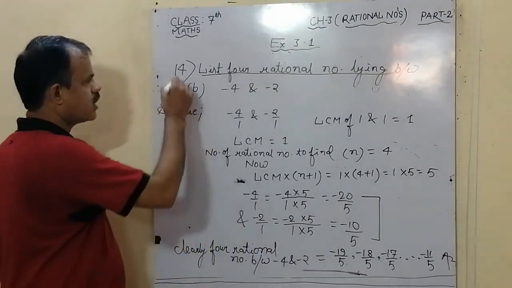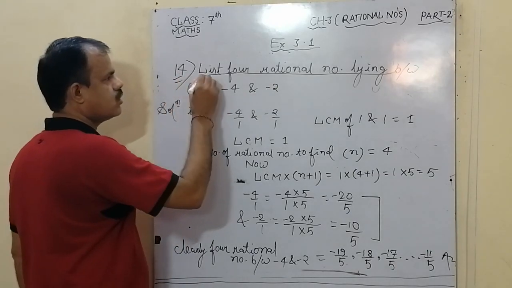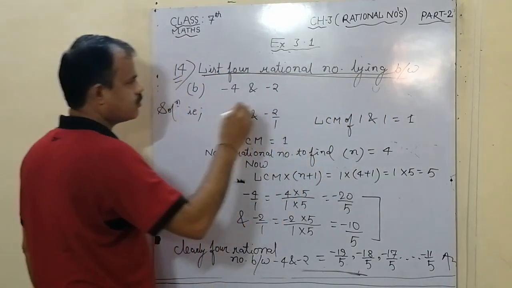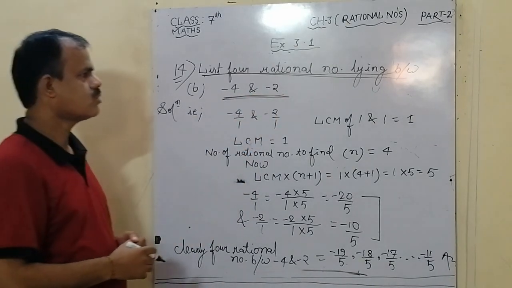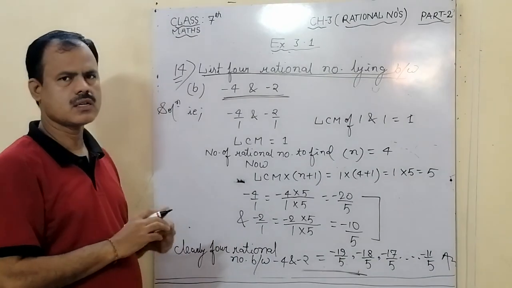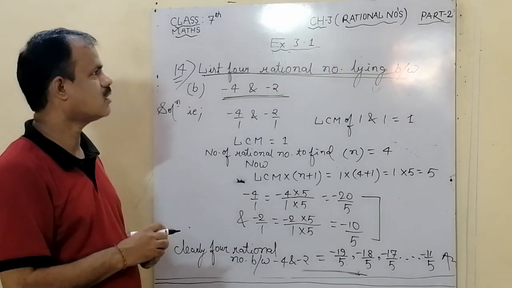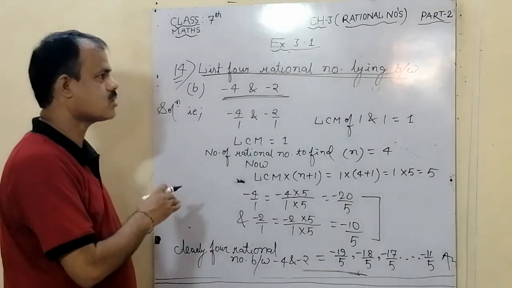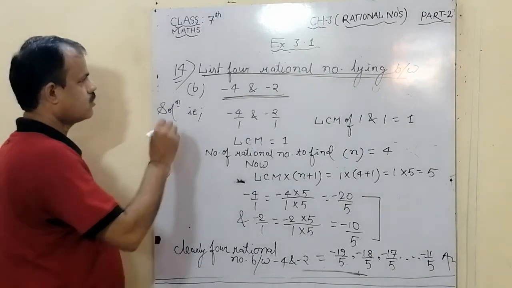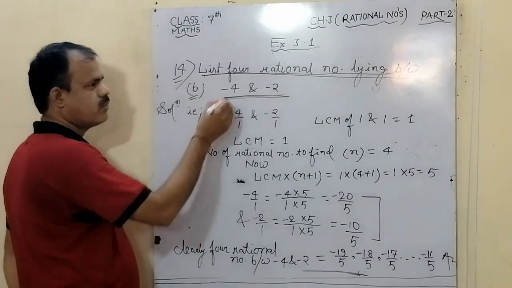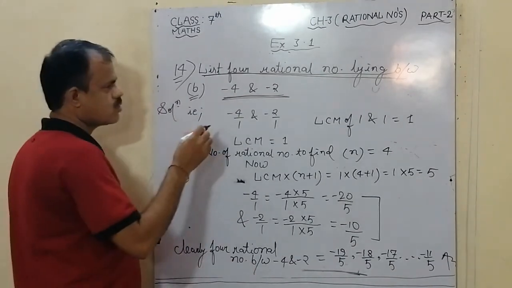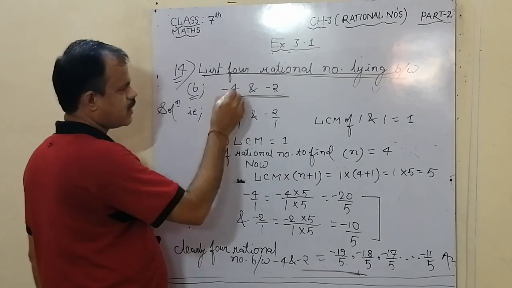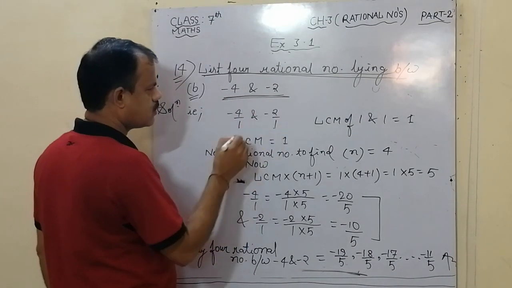Yes, student. Next question, question number 14. List 4 rational numbers lying between -4 and -2. You have to remember this pattern and use it in ninth class also. The same question you have to solve. So see here, -4 and -2. We have to find 4 rational numbers. So we write it like that: -4 by 1, -2 by 1.